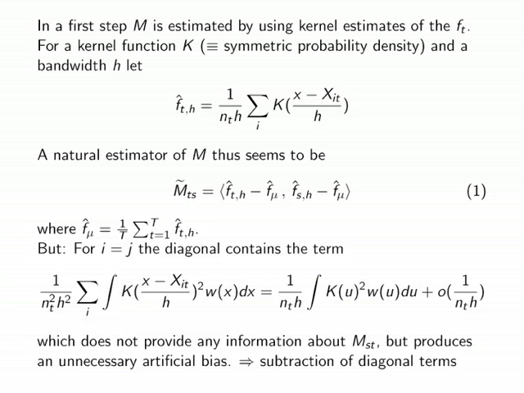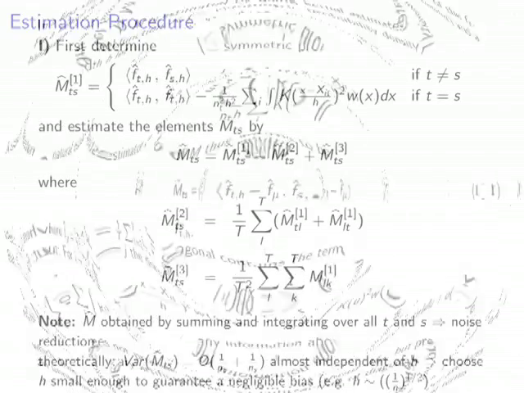This creates an artificial bias. On the diagonal, where t equals s, you have some additional bias, and you may want to remove this term because it doesn't add anything. So we subtract this term on the diagonal, and this gives us our estimate of the matrix M.